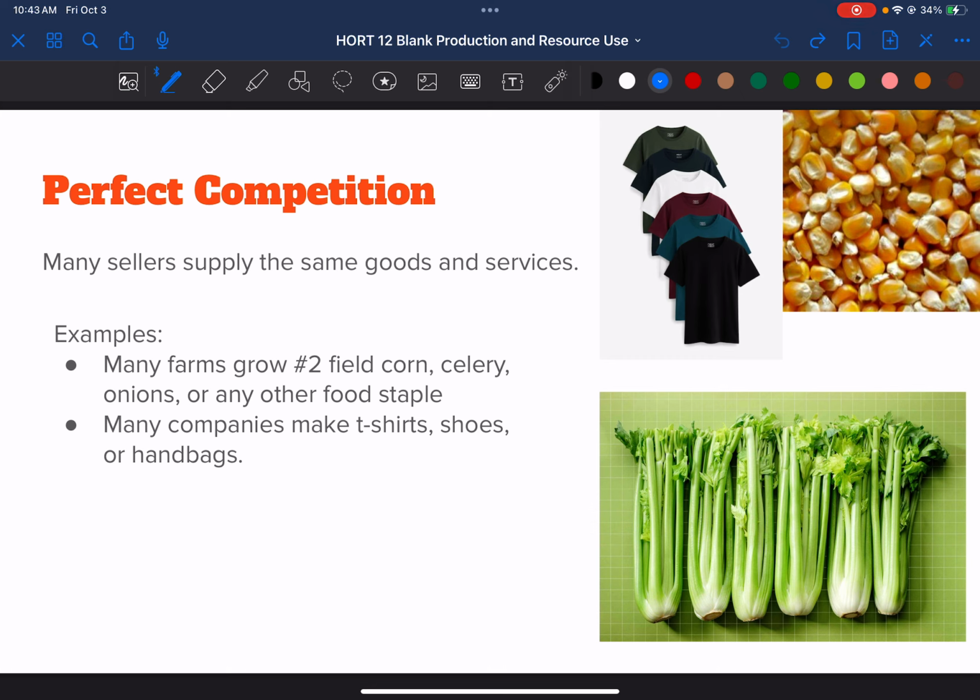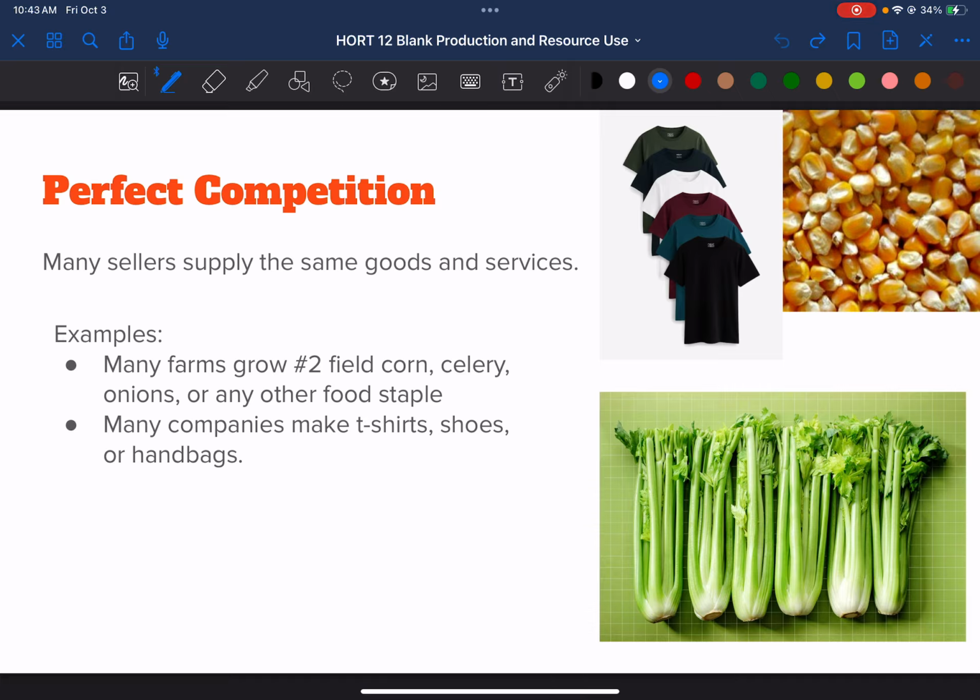Some agricultural examples would be that many farms grow number 2 field corn. Number 2 field corn is the type of corn that makes up most corn crops in the U.S. This is corn that's grown for food processing, making corn syrup, making corn starches. It's also used for making ethanol and corn-based plastics and those kinds of things.